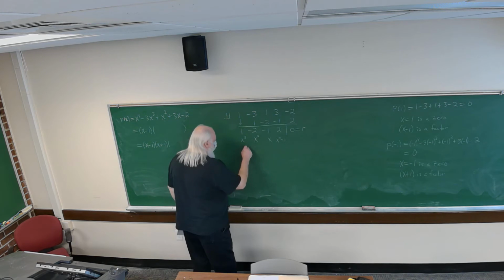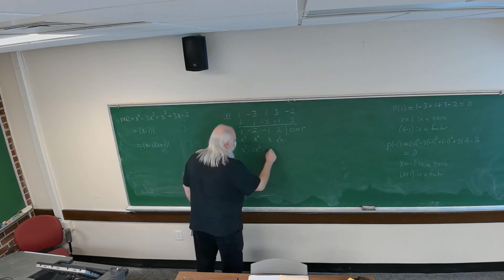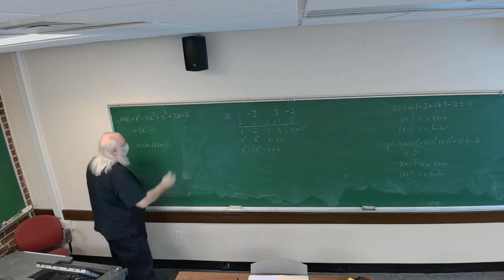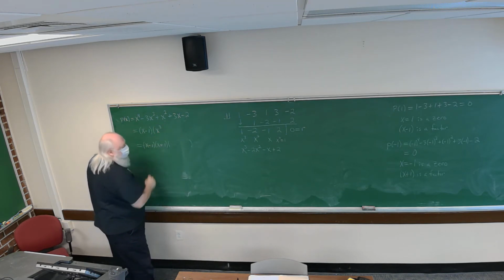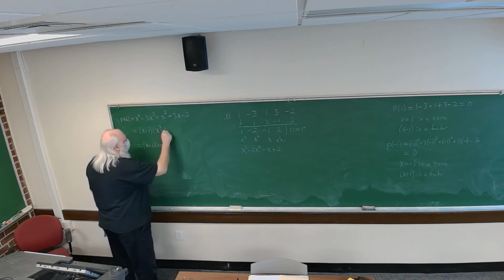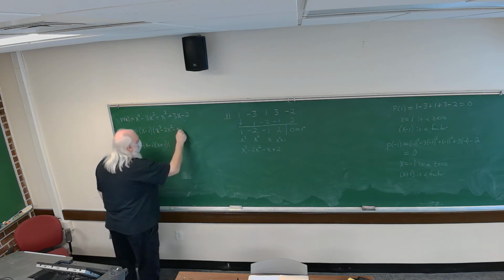And so our quotient from this division is x cubed minus 2x squared minus x plus 2. So what goes in parentheses here is x cubed minus 2x squared minus x plus 2.